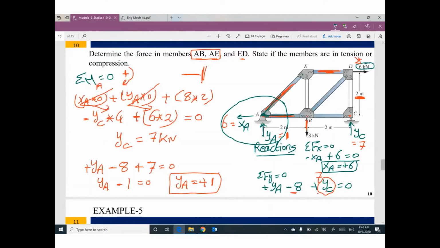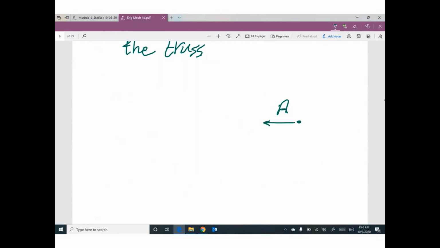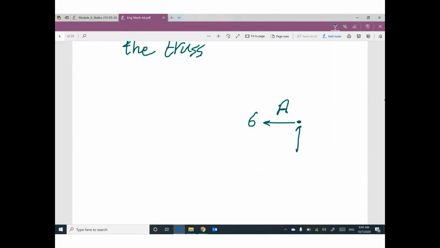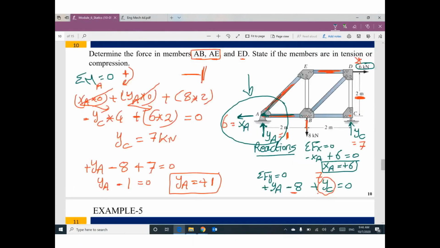We have horizontal reaction 6. We have vertical reaction at A, 1. What else? We have this member which is called AE.